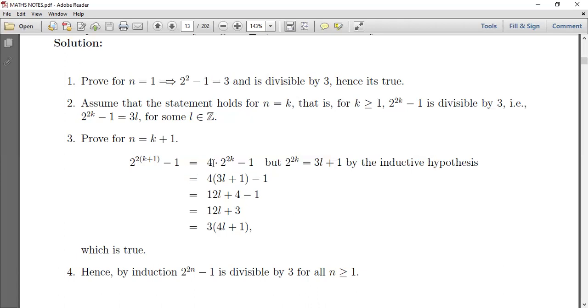So this simplifies to 4, because 2 to the power 2 is 4, times 2 to the power 2k minus 1. Are we together there?